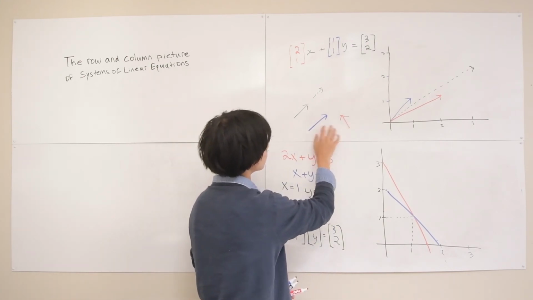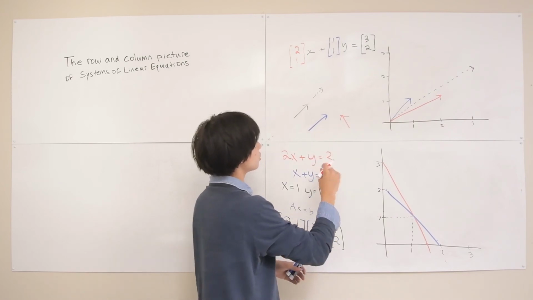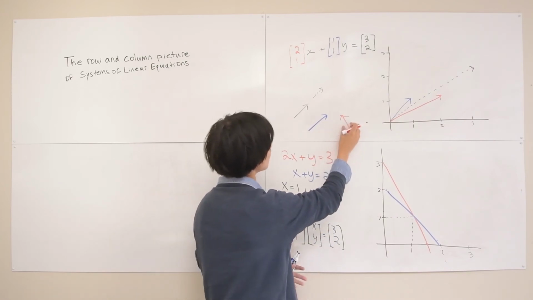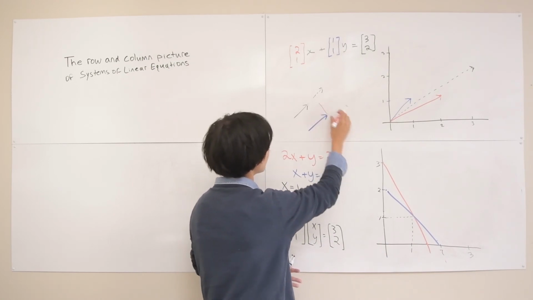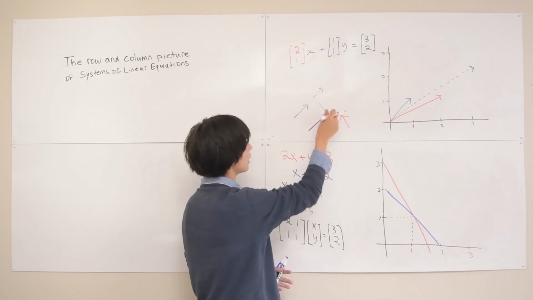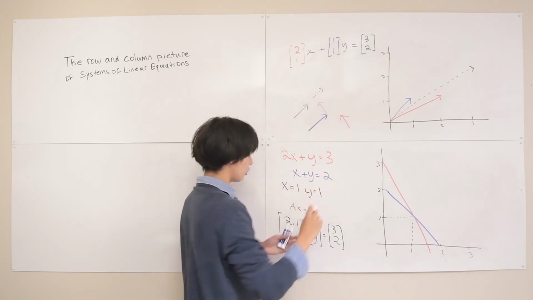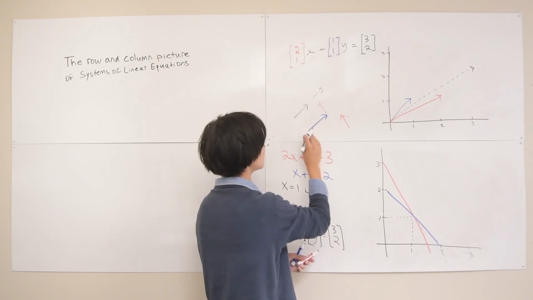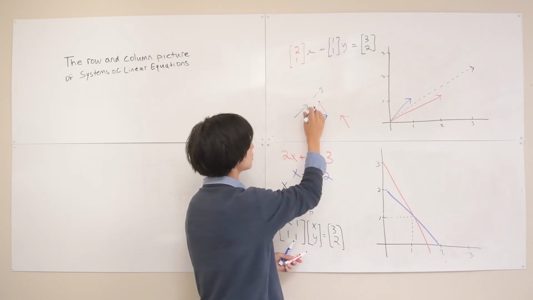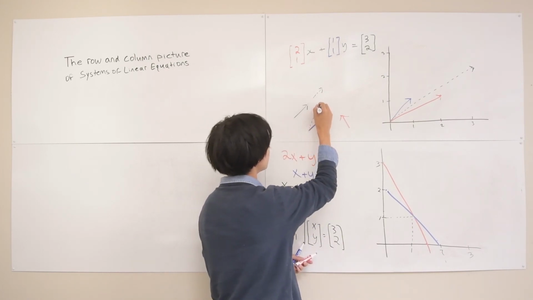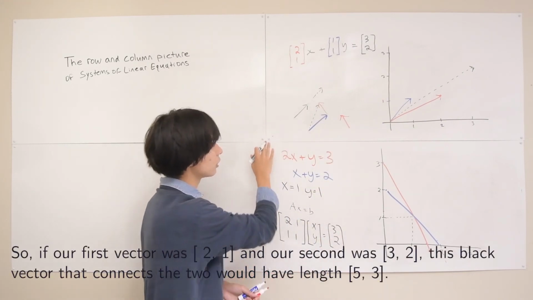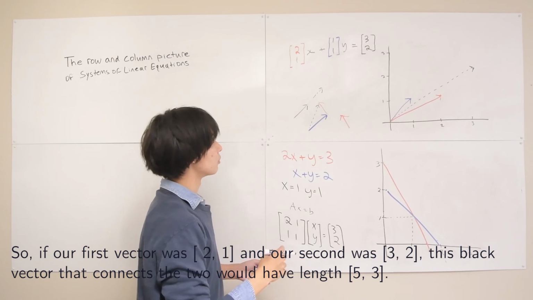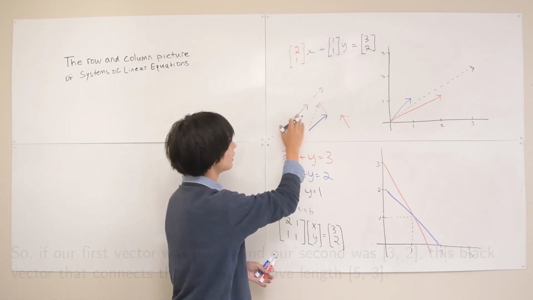If we want to add this vector to this vector, we call it heads to tails addition. So we take this and we put its tail at the head of the other vector. Imagine moving that whole thing to the head of this vector, and then our new vector is going to be the distance from the tail of the first to the head of the second. I won't prove that that works, and I won't prove that that's equivalent to the thing I just showed over here, but it is, and you should be familiar with this already. So that's basically how you add them, that's how you multiply them.